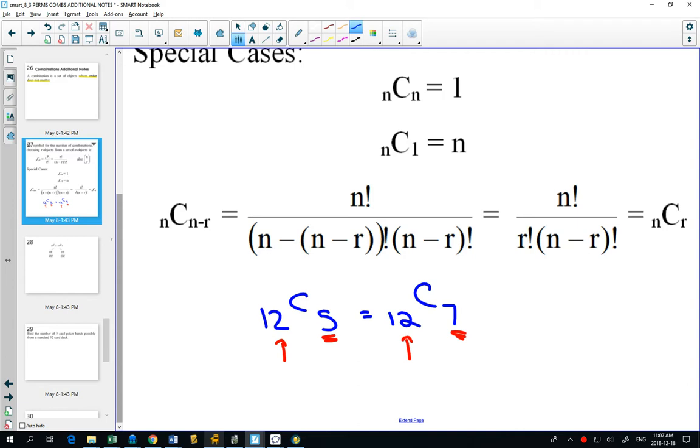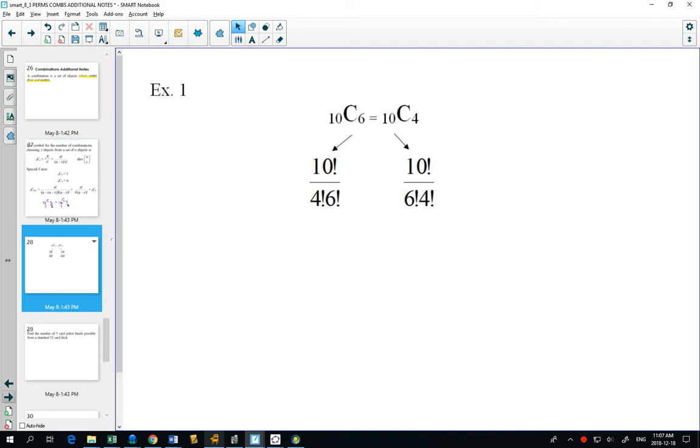The ones that are underlined in squiggle. Those two numbers, if they add up to 12, or the number that the arrow is pointing at, then those values will be equal. So on your next one, they have the example that 10 choose 6 is equal to 10 choose 4.